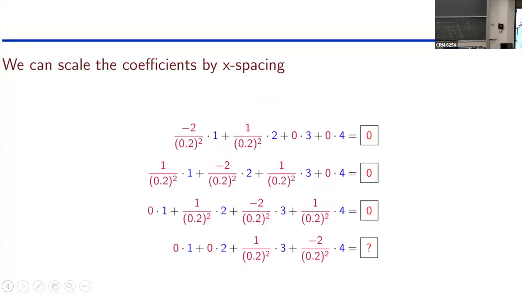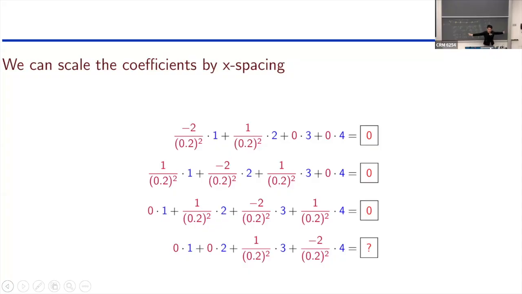So all the coefficients get scaled by this quantity 1 over h squared, and h is the quantity 0.2. So I had five yellow dots.